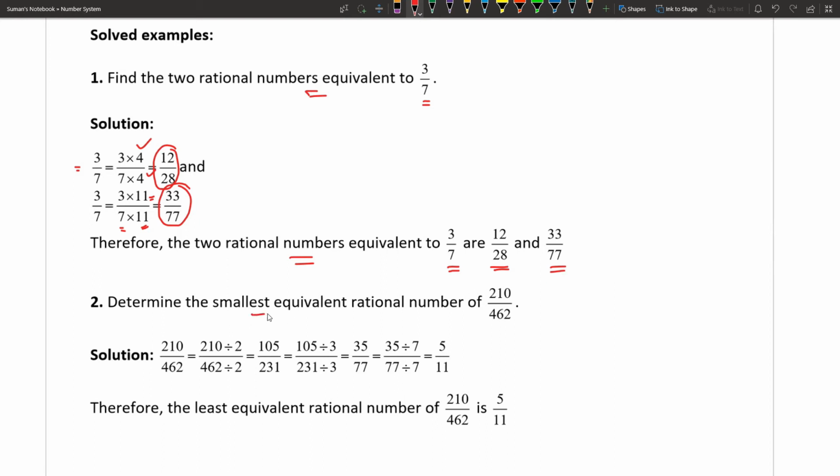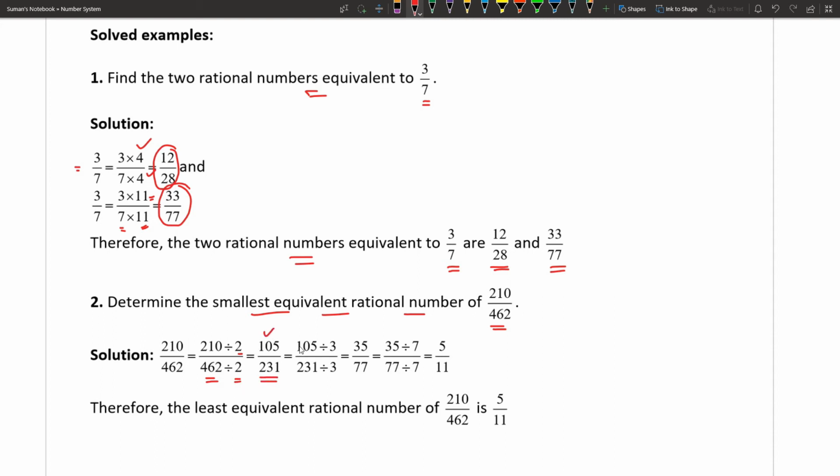Now determine the smallest equivalent rational number of 210 upon 462. Here we will use the method of division. We divide 210 by 2, and the same for the denominator, we divide it by 2. So we get 105 upon 231.